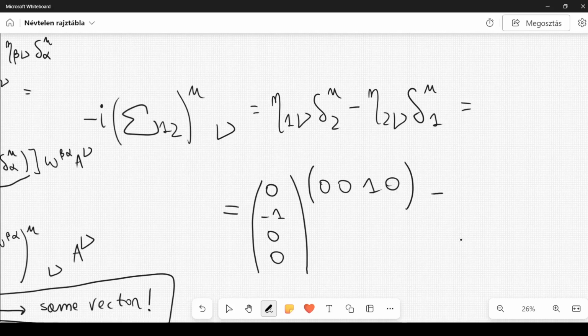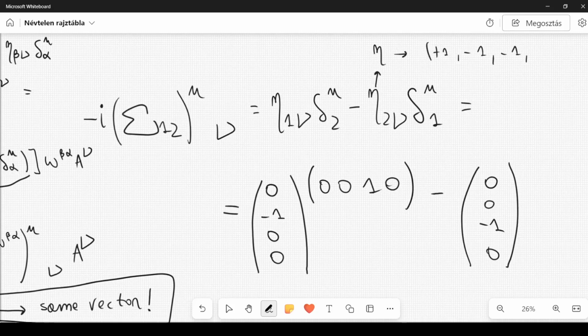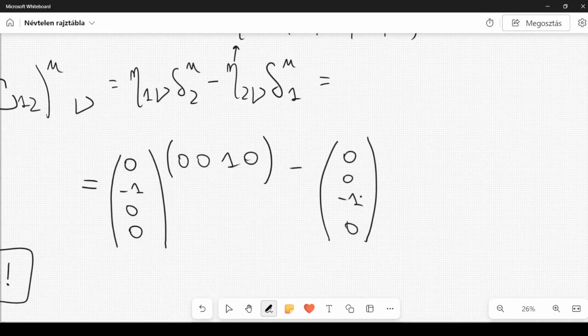Then similarly, we have minus 0, 0, minus 1, 0. So I'm assuming that eta has the signature plus 1, minus 1, minus 1, minus 1. And then we have delta mu 1, which can be described by the row vector 0, 1, 0, 0.